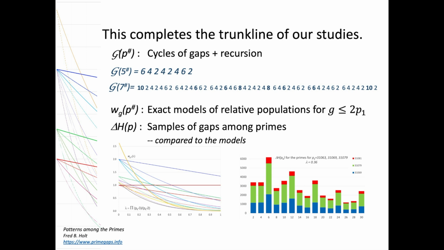And then we wanted to introduce this concept of the intervals of survival and compare those samples of gaps among primes to the distributions across the relative population models. So where is that distribution of relative populations in the cycles of gaps reflected among the gaps between primes?